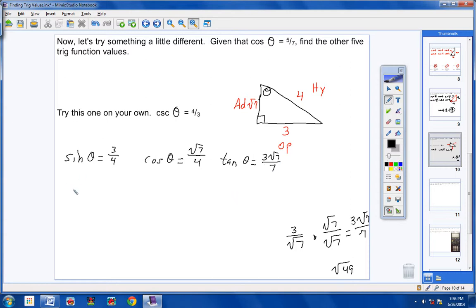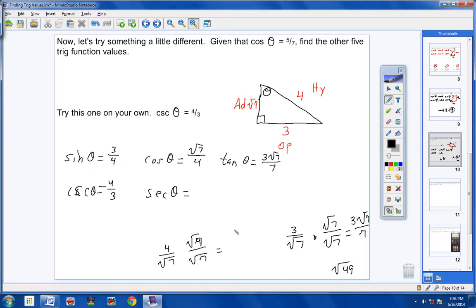Okay, now let's come over here. Cosecant, as we already know, cosecant of theta is 4/3. And secant of theta would be, oh, we got to be careful here, it would be 4 over square root of 7. So we multiply the top and the bottom by the square root of 7.